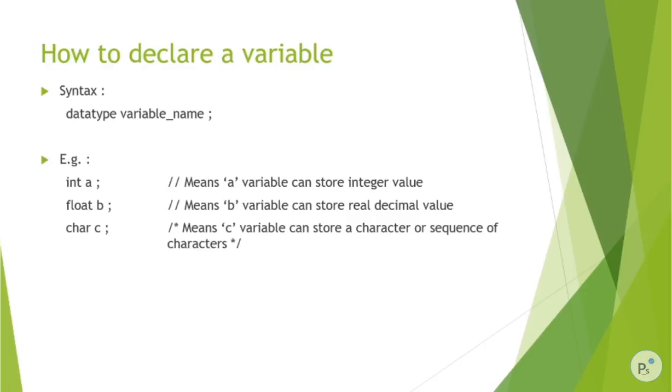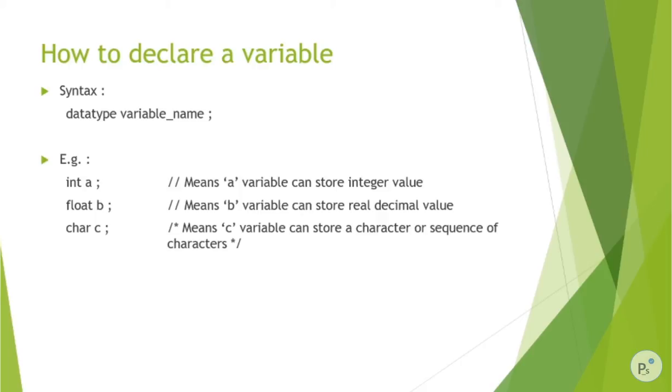So how can we declare a variable in C? As you can see, the syntax is data type space variable name semicolon. Here the data type means the keywords we talked about in the previous slide: int, float or char. If you want to declare a variable of integer, you can see in that example, the data type is given as int, then space, variable, semicolon. The variable can store an integer value. Got it?